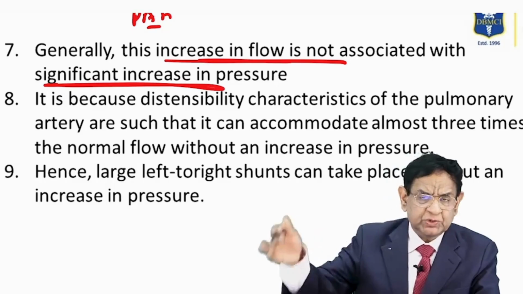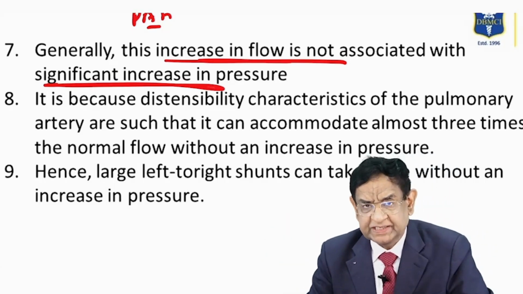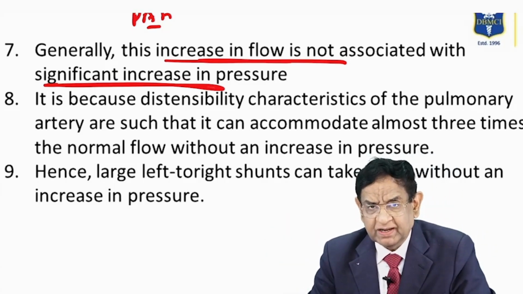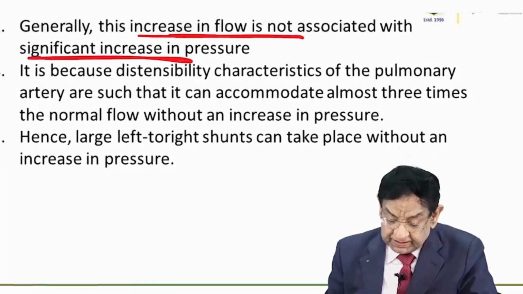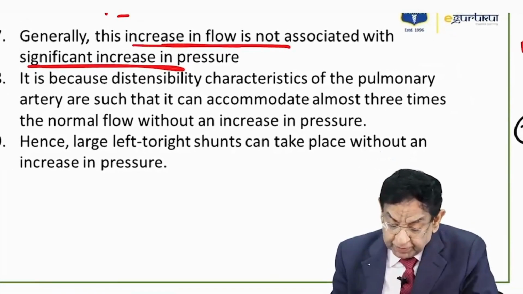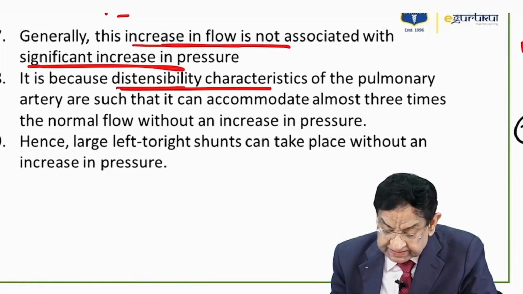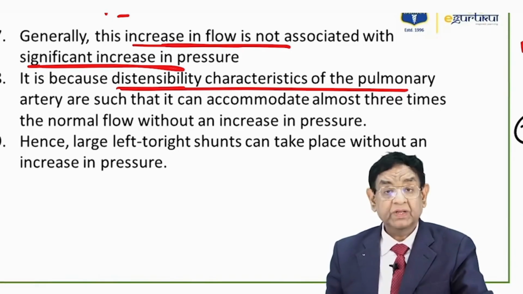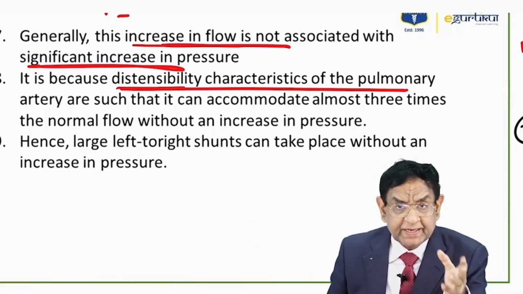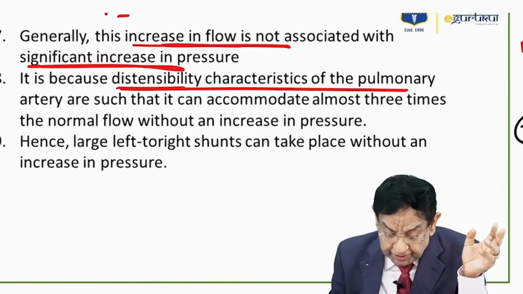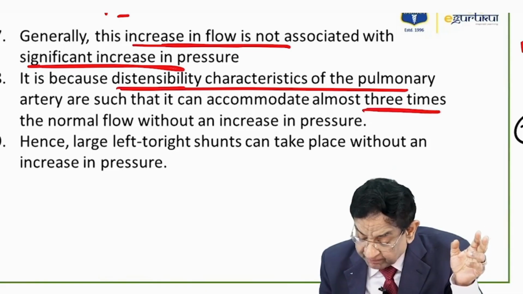It usually occurs at a later stage of life, not in early infancy. The reason is that the pulmonary artery has distensibility. It can distend, and it can accommodate 3 times the blood flow.